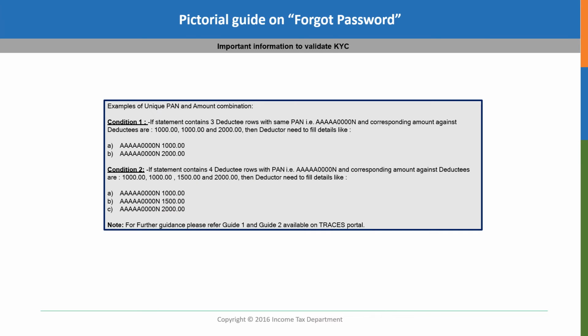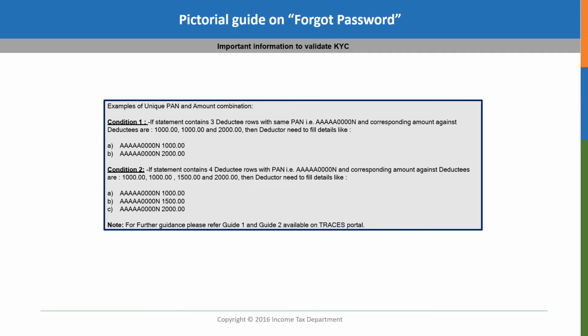Some examples of unique PAN and amount combination are given in this page. Now, if the statement contains 3 deductee rows with the same PAN, and the corresponding amounts against the deductees are 1000.00, 1000.00 and 2000.00, then the deductor needs to fill details like this: in the first row he'll write the PAN and 1000.00.